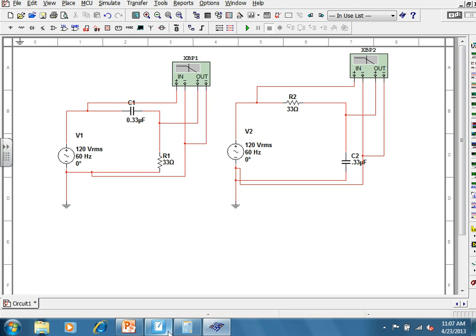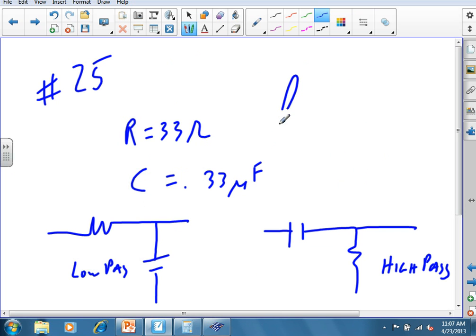Alright, so before we do anything, what's the critical frequency? The critical frequency is going to be 1 over 2 pi RC versus the square root of RC. We have to go back to chapter 23.